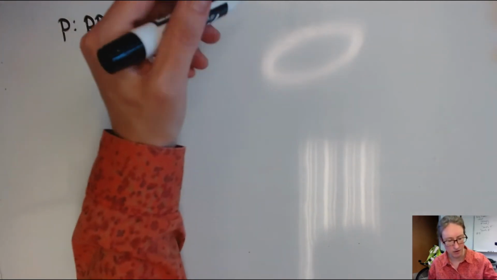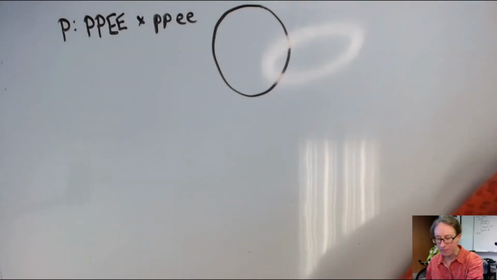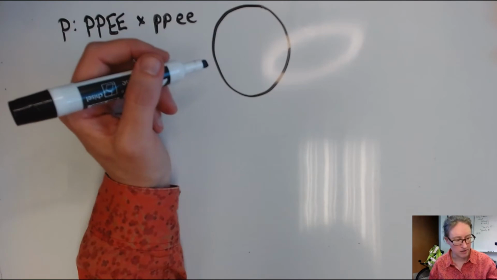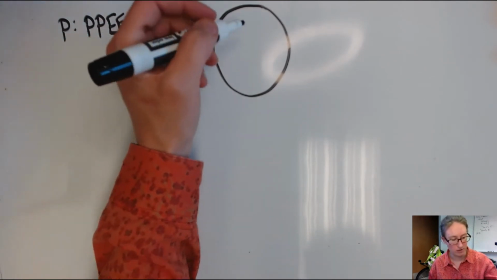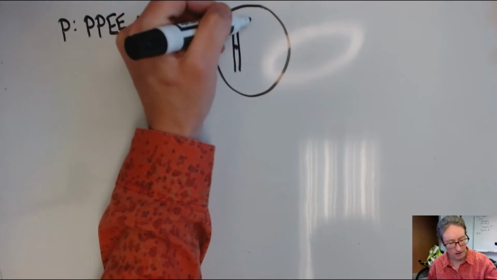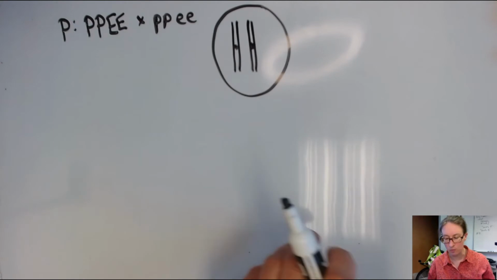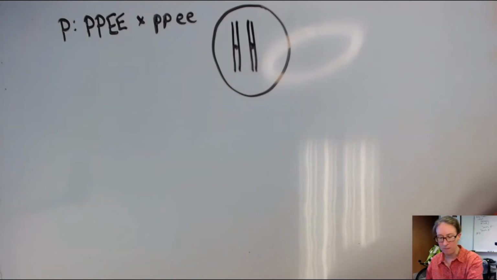And so in parent number 1, if these genes are found on the same chromosome, what we will have is, imagine if this is metaphase 1 of meiosis.